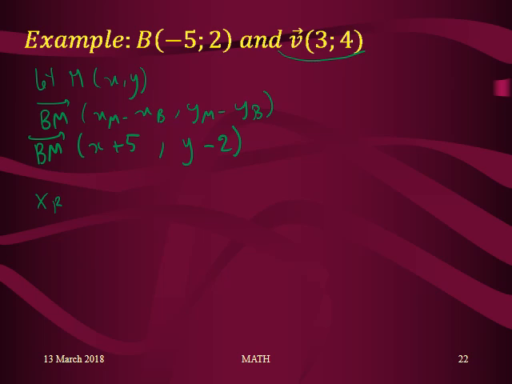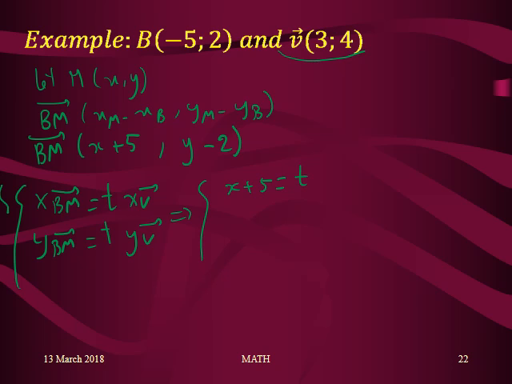So xBM equals t xv and yBM equals t yv. Then xBM, x plus 5, equals t times xv, 3. yBM, y minus 2, equals t times yv, 4. So the parametric equation is x equals 3t minus 5 and y equals 4t plus 2.